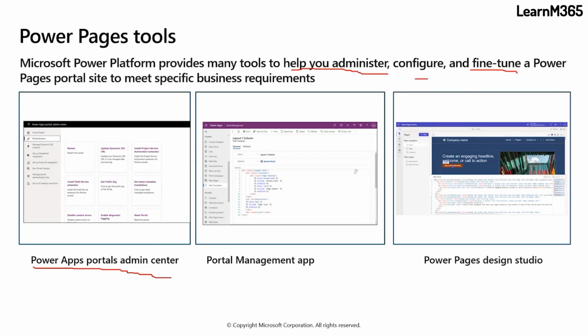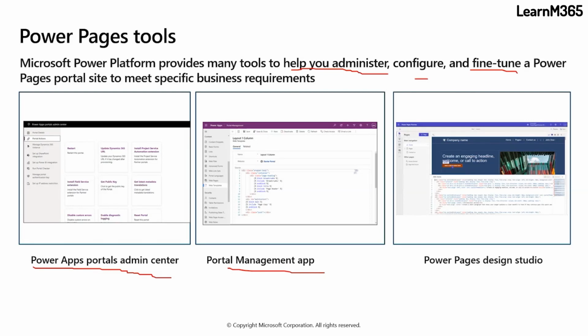The next one is Portal Management App. This Portal Management App is a model-driven Power App that is used to configure, and basically you can create and update portal metadata which defines the structure and functionality of your portal site.